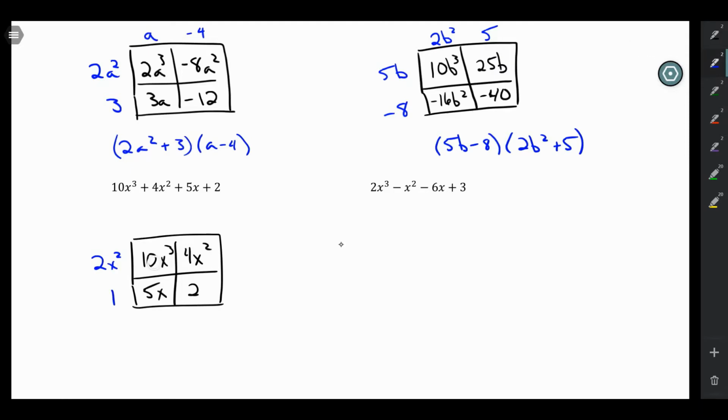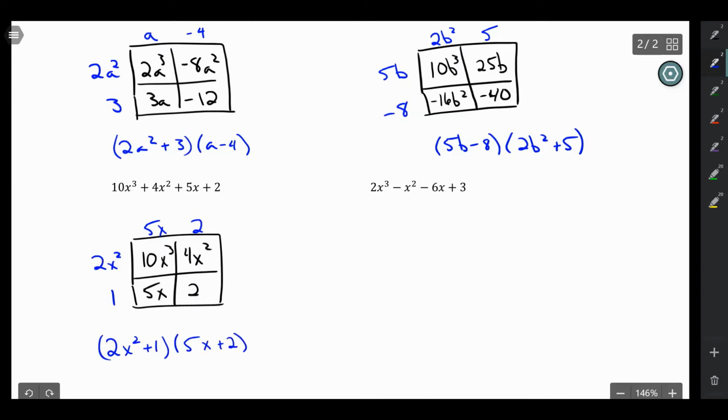Let's double check. 10 divided by 2 gives me 5, and I need 1 more x. 4 divided by 2 gives me 2, and I've got all the x's I need. Do these match back up? 5x divided by 1 is 5x. 2 divided by 1 is 2. Yep, they sure do. So I've got 2x squared plus 1 as my first factor, and 5x plus 2 as my second factor. Last one.